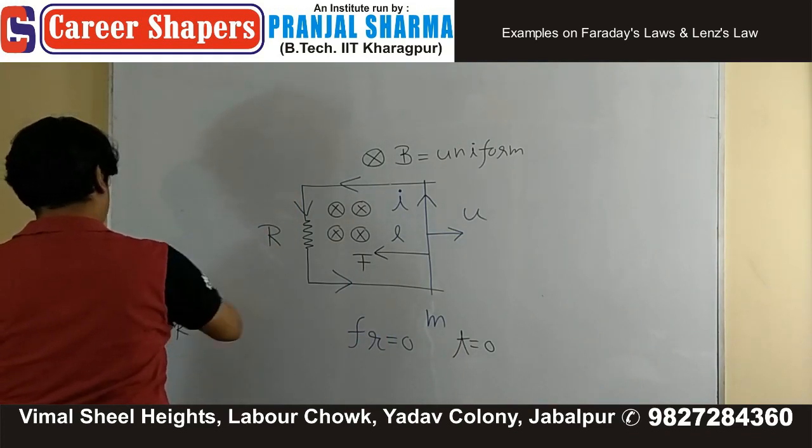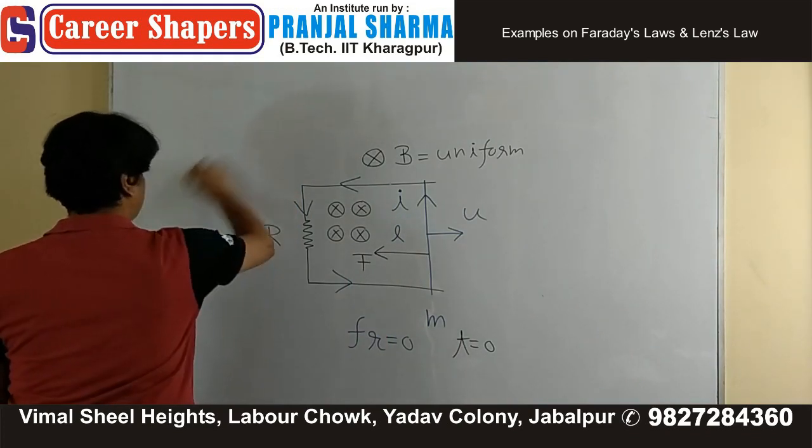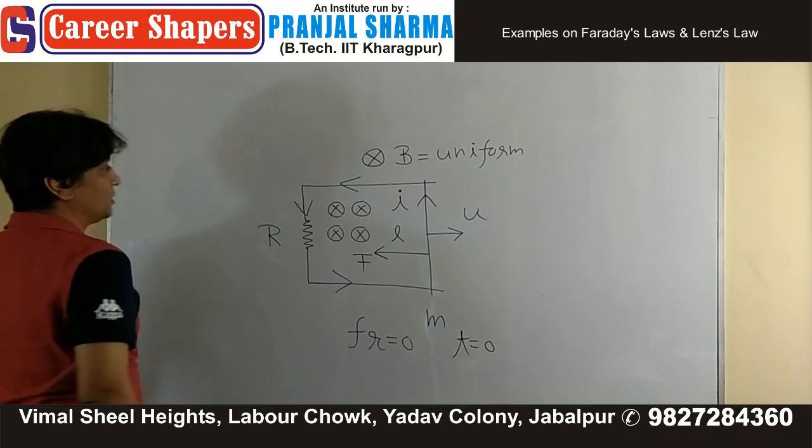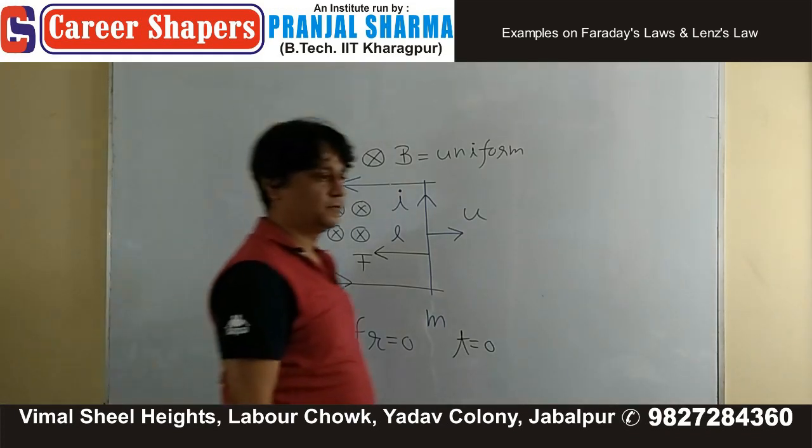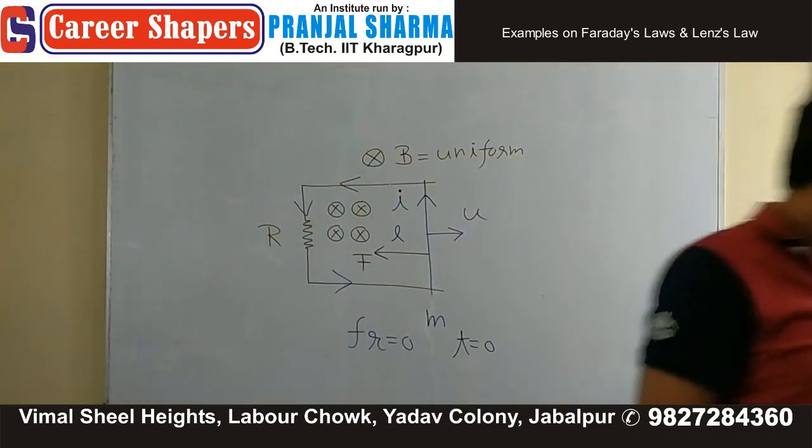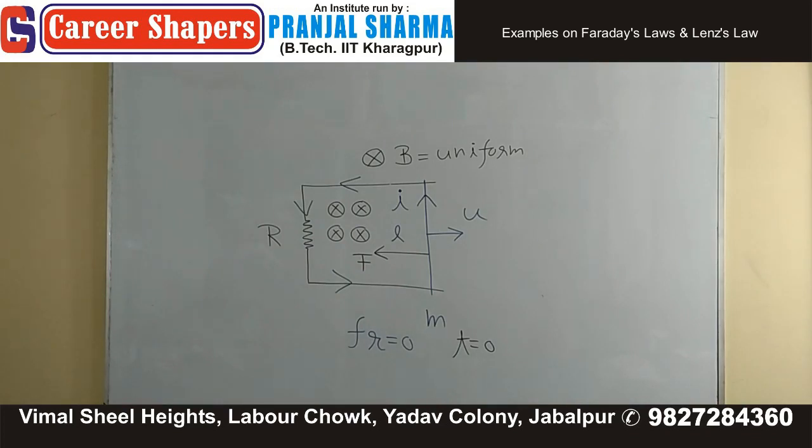So finally when the rod stops, there will be no EMF, there will be no current. So by the time it finally stops, what amount of heat dissipation took place in the circuit?